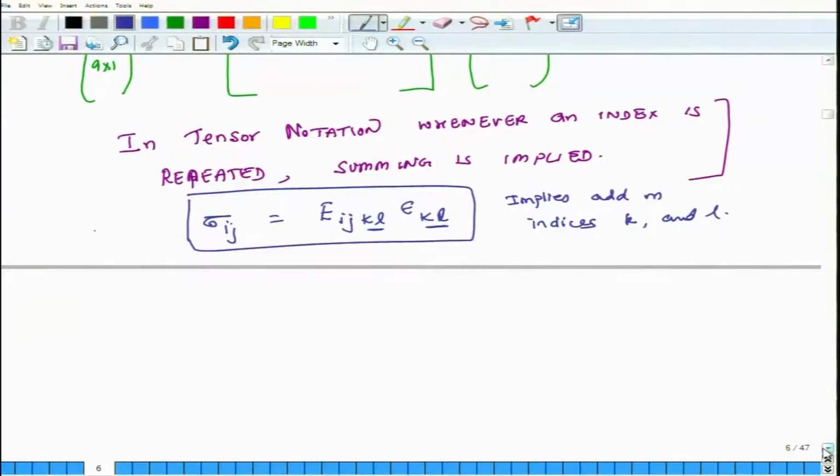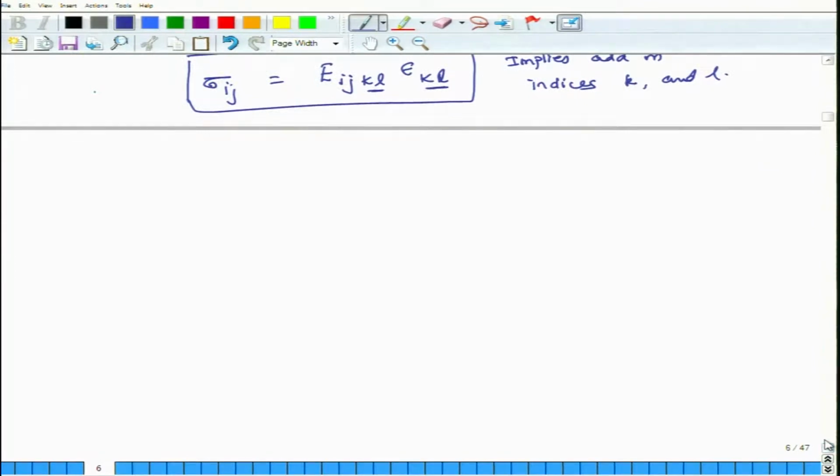So, what we have gotten is the tensor equation, I will once again write it, Eijkl epsilon kl.